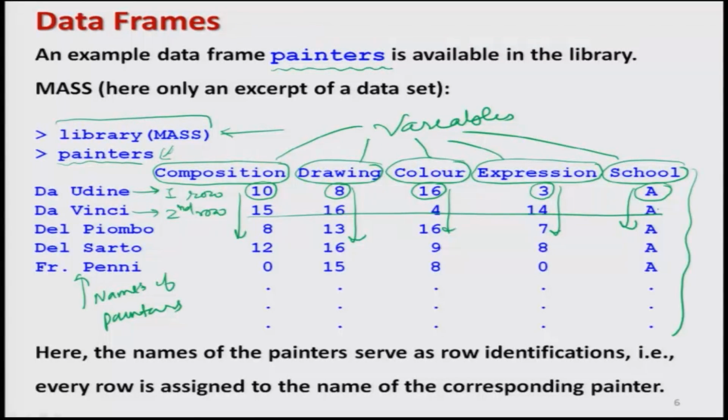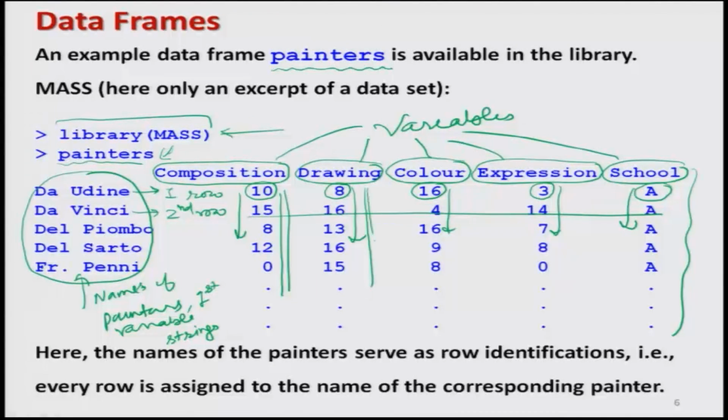Right. So you can notice one thing: this is the first variable, the painter's name, and these are strings. These are the names, whereas this data here, 10, 15, 8, 12, or in the third column on drawing, 8, 16, 13 and so on, are numeric values.